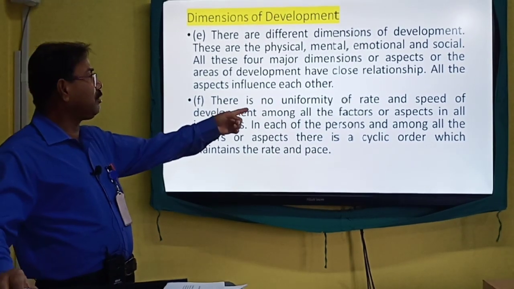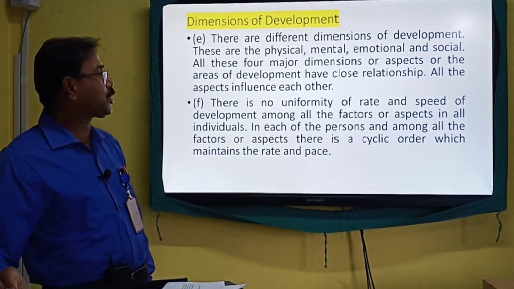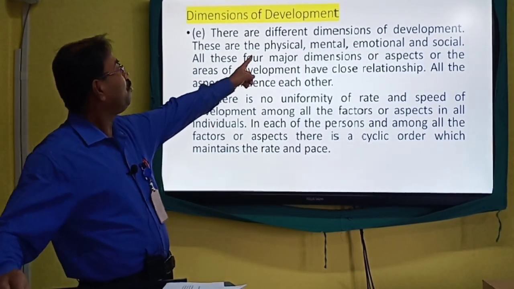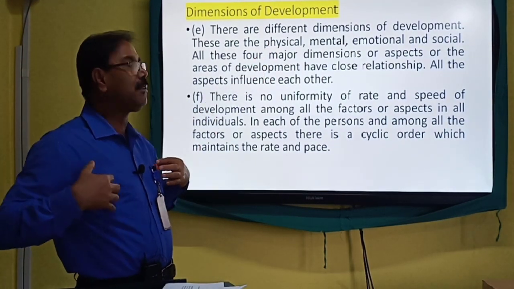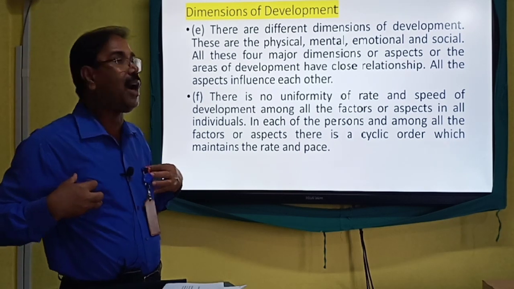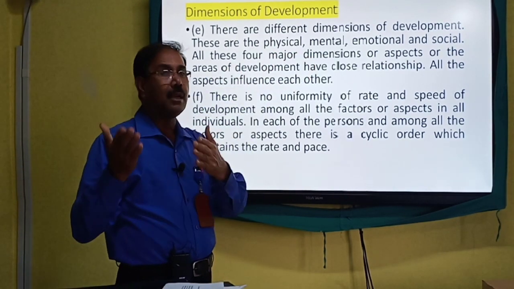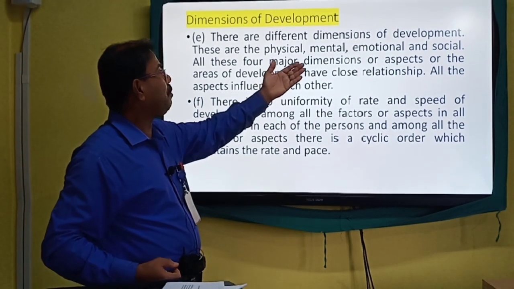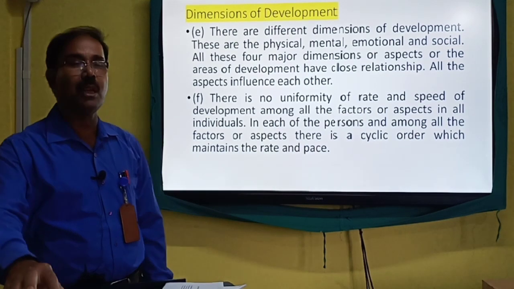There is no uniformity of rate and speed of development among all the aspects in all individuals. Your physical development and my physical development differ. Your mental development and my mental development differ. Your emotional development and my emotional development differ, and your social and my social development differ.